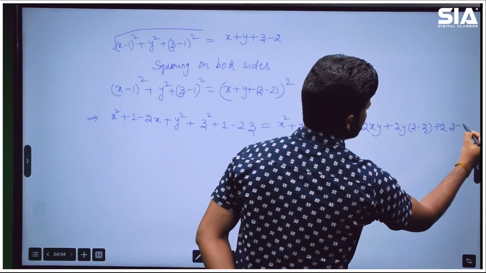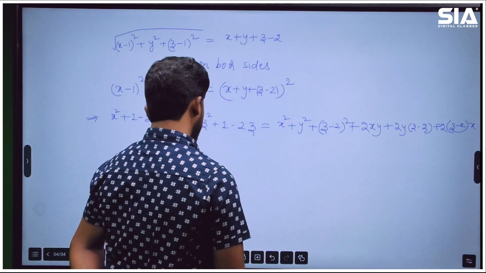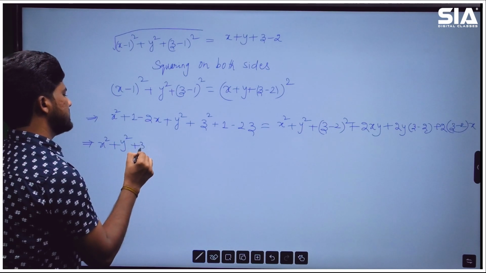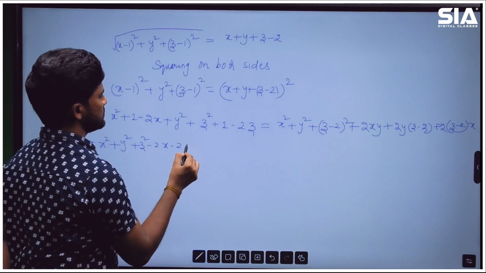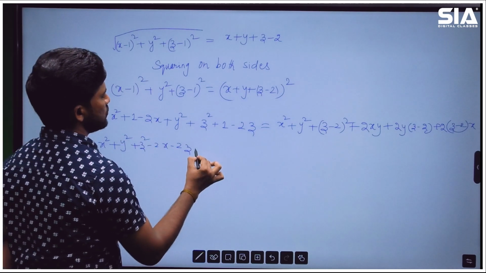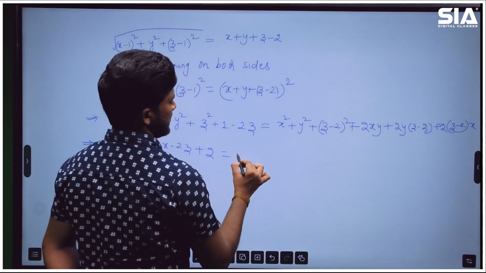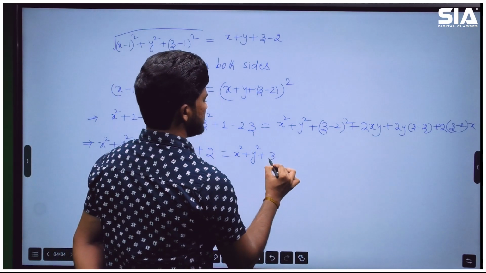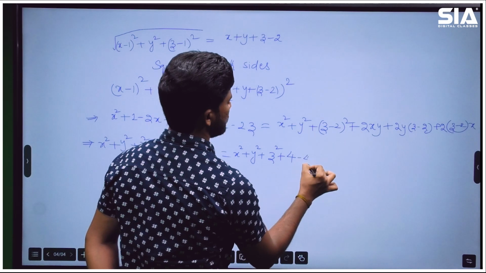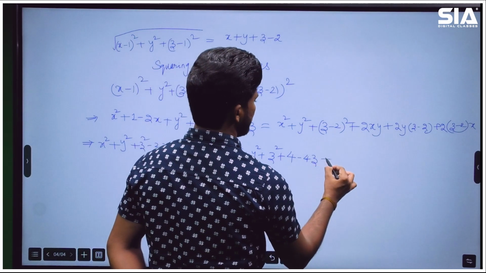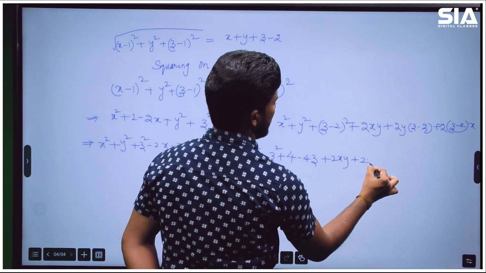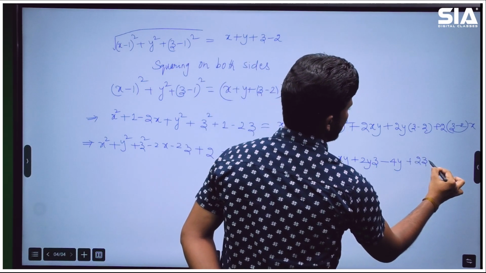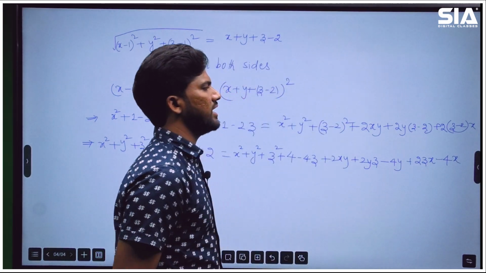So in LHS, x square plus y square plus z square minus 2x minus 2z plus 1 plus 1 is 2. On the right, x square plus y square plus, again by the (a minus b) whole square formula, z square plus 4 minus 4z, plus 2xy plus 2yz minus 4y plus 2zx minus 4x. These are the values if you multiply.